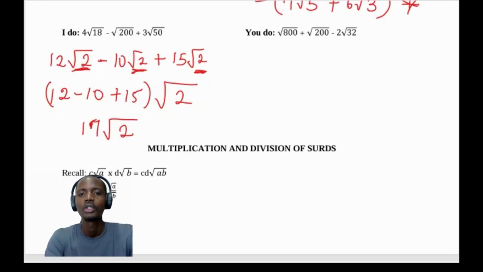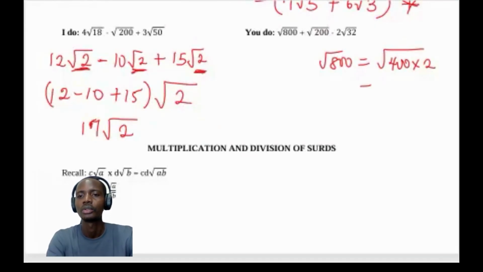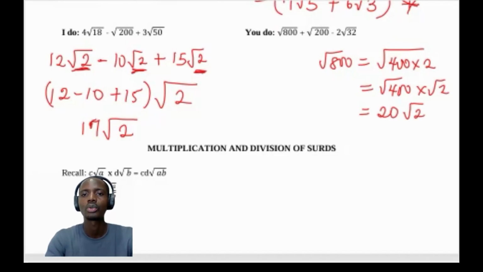Okay. So doing that, root 800 in the simplest form can be written as root 400 times 2. Root 400 times root 2. We know that gives us root 400 is equal to 20. So 20 times root 2 is 20 root 2.